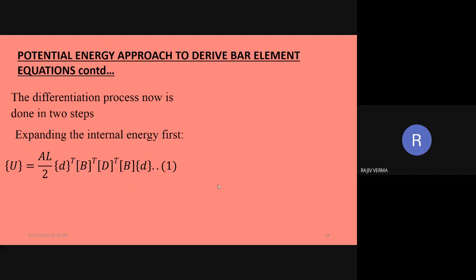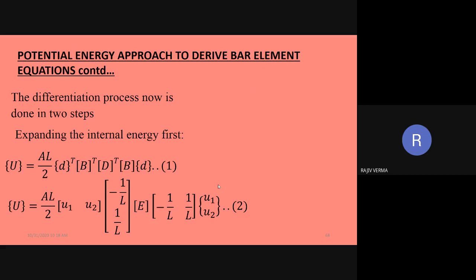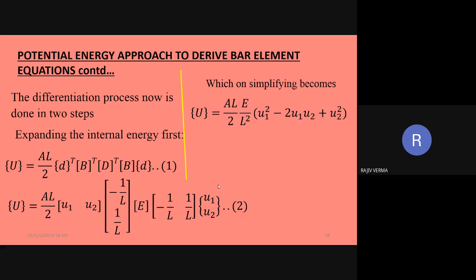If you substitute the matrices for D, B, capital D, etc., what you get is equation number 2, which can be multiplied together to give equation number 3, which obviously is a quadratic equation in terms of U1 and U2. U1 and U2 are the two nodal displacements which are basically unknown. So the internal energy is given by equation number 3.